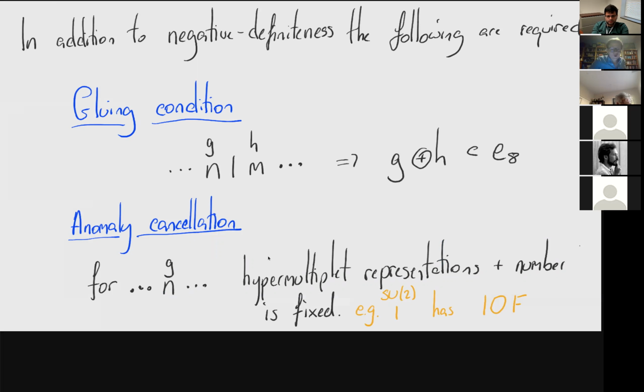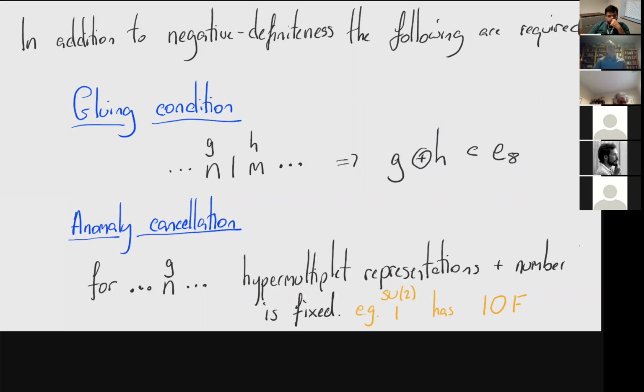And furthermore, anomaly cancellation, so gauge anomaly cancellation, so consistency of the theory, tells you that for each curve with a gauge algebra over it, the number and type of hypermultiplets transforming under that gauge algebra is fixed. So for example, if you write down a -1 curve with an SU2 gauge algebra, then you're required to have 10 fundamental hypermultiplets to cancel the anomaly.